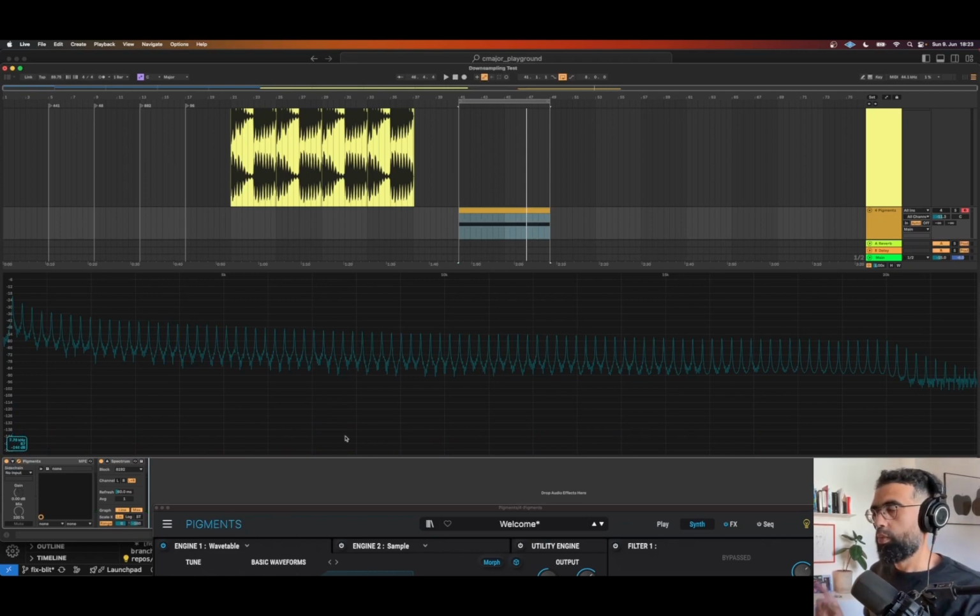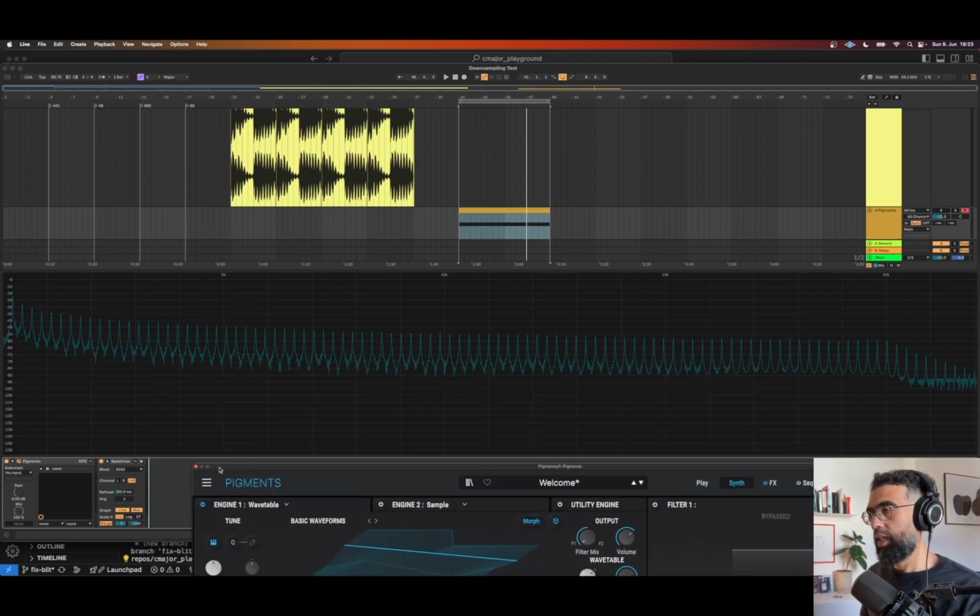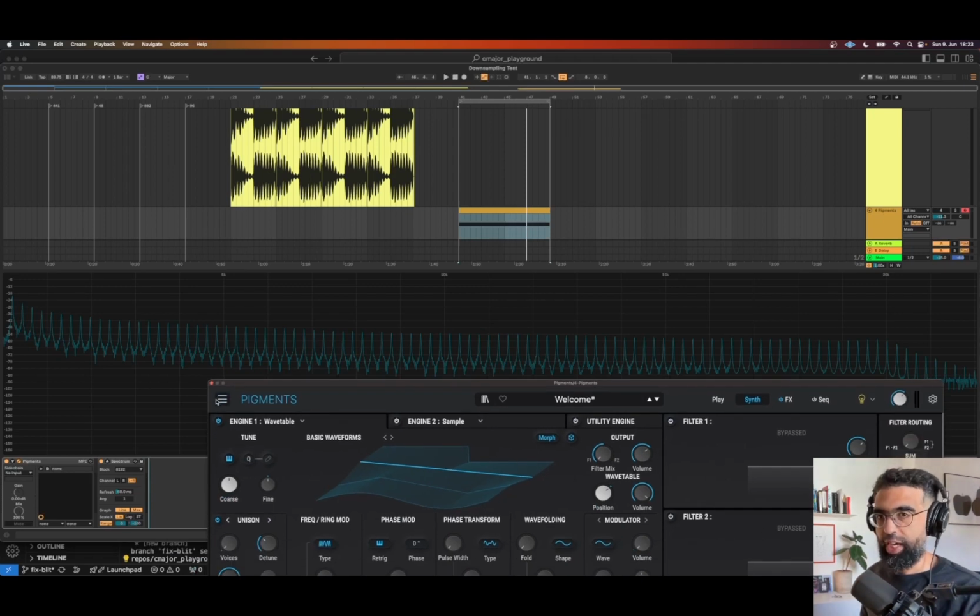And one thing I think is important to say about this is it's not really a measure of quality per se. You should really use your ears. But it definitely is a tool for understanding what is going on when something seems to be wrong, right? Like how much aliasing is okay.